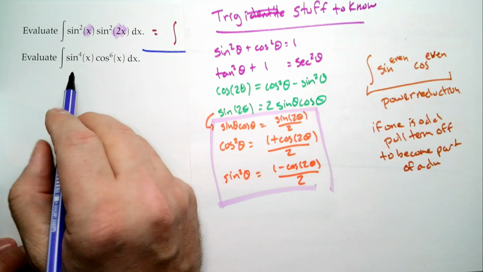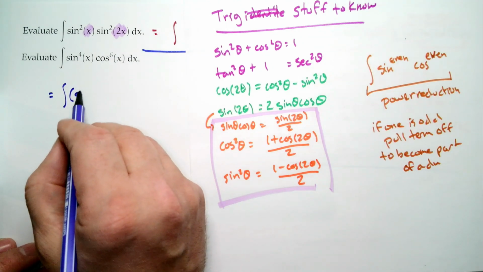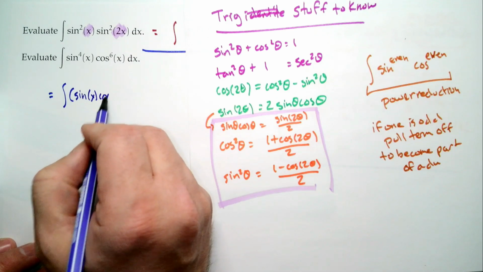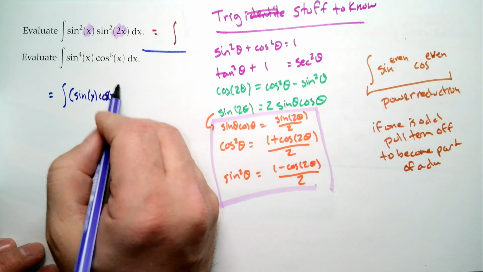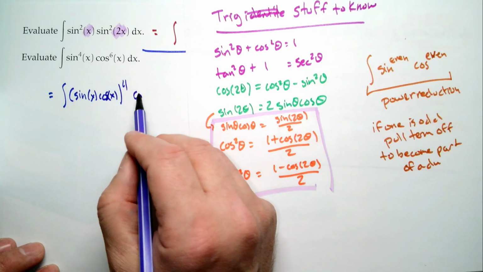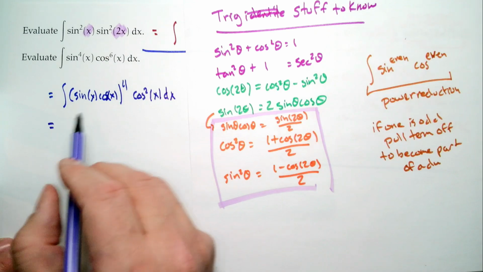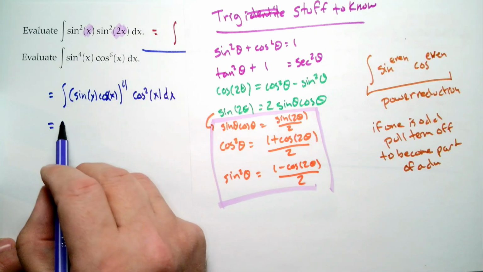So here, well, sine to the 4th, cosine to the 6th says, I could really think of this as sine cosine to the 4th. So I'm pulling off 4 sines, 4 cosines, and cosine squared x. So I'm preparing myself, and now I'll use it as much as I can.